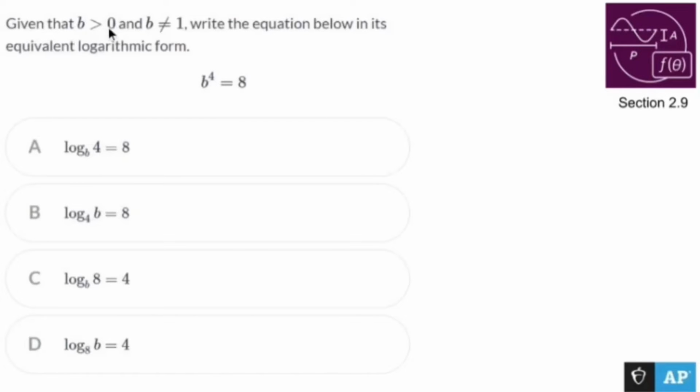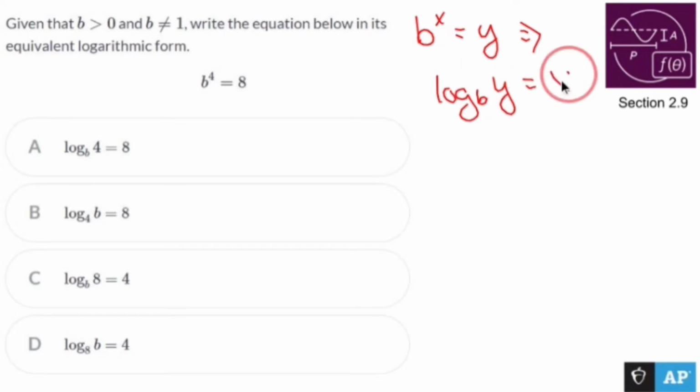Given that b is greater than 0 and b is not 1, write the equation below in its equivalent logarithmic form. An equation in its equivalent logarithmic form has you take something in the form b to the x equals y and change it to log base b of y equals x.